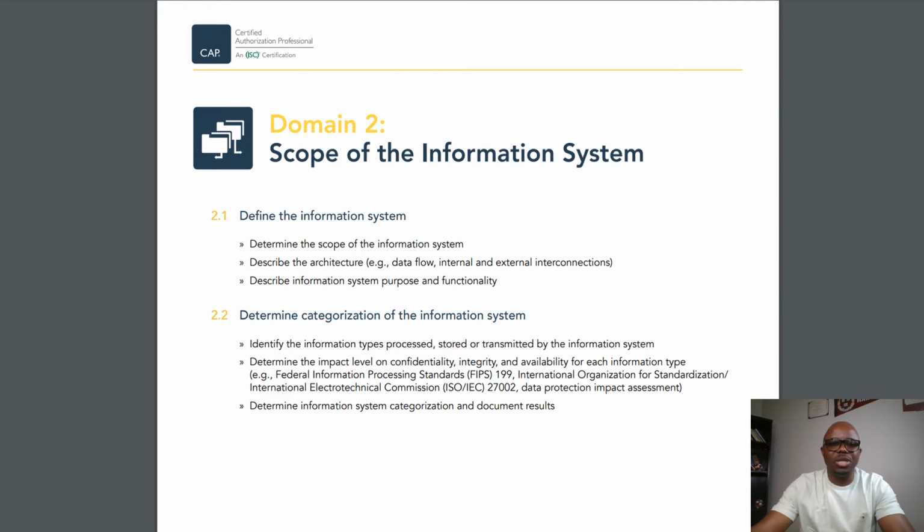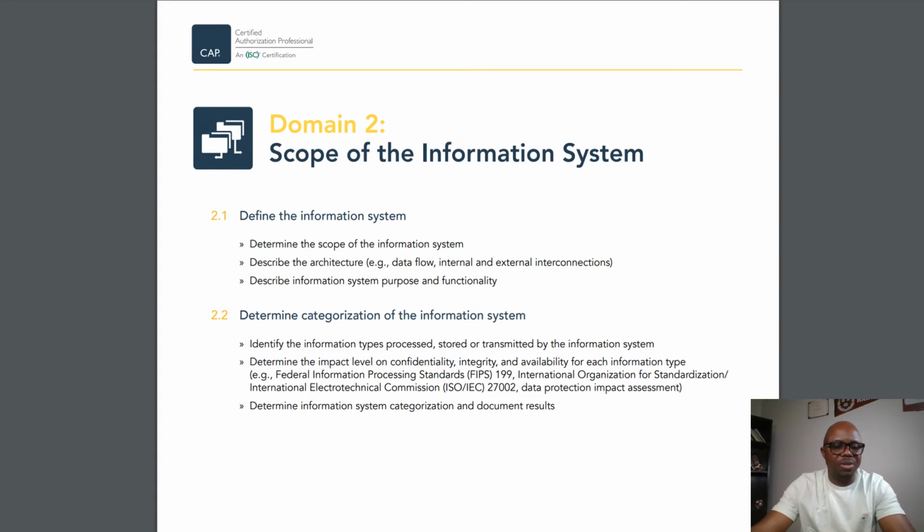Then you need to determine categorization of the information system. Under that, you identify the information types that are stored, processed, or transmitted by the system, determine the impact level on confidentiality, integrity, and availability, and then determine the information system categorization and document your result.